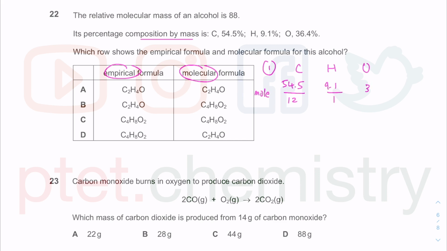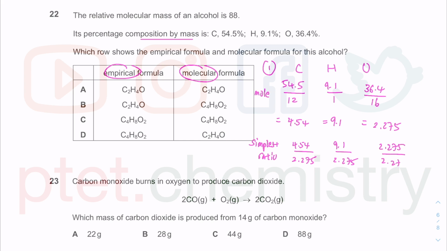After hearing it so many times, candidates should be able to define what is meant by empirical formula. And if you're not able to define it, you can't blame Cambridge when it comes out, because Cambridge already told you many years in advance that candidates should be able to do this and that. We want the simplest ratio of atoms, so we have to divide by the smallest number, which is 2.275, and then that one divided by itself is just 1.